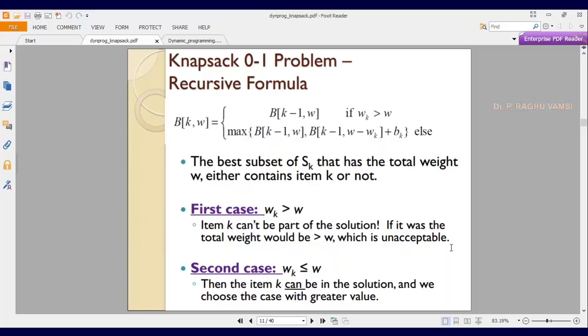This is the formula of the 0/1 knapsack problem to solve. I recommend you make note of this formula; it is the standard recursive formula for solving this kind of problem using dynamic programming.